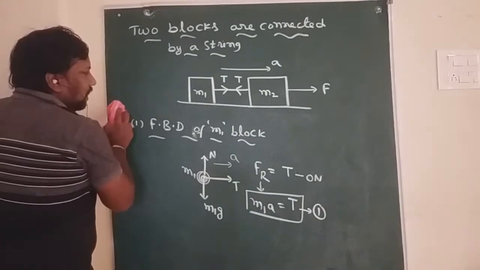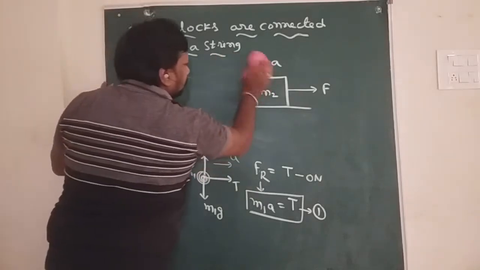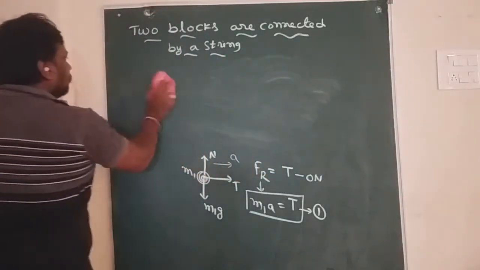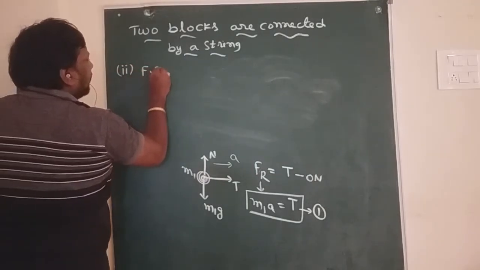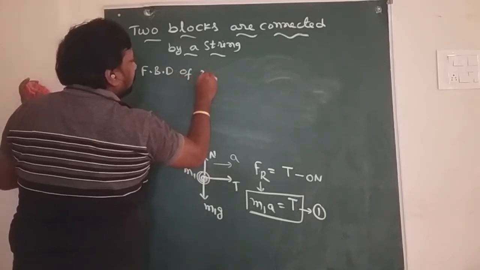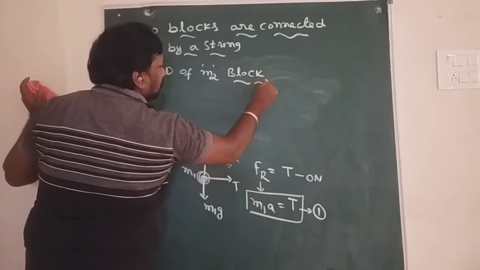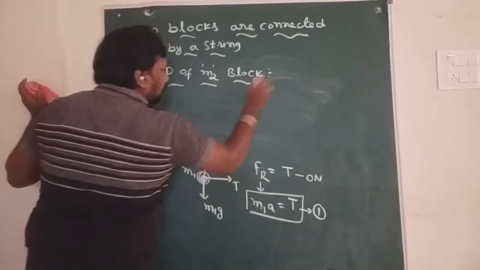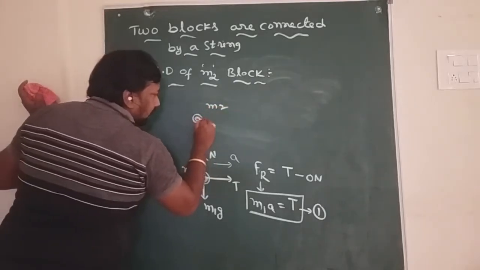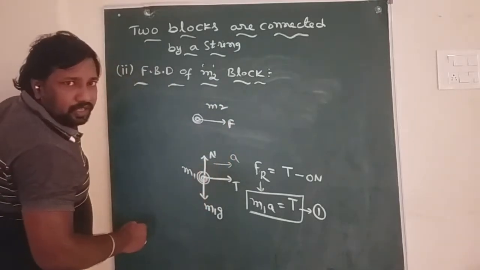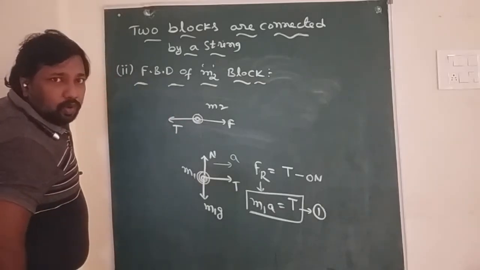Now free body diagram of M2 block. So here this is the M2 block. In the right side there is a pulling force F, and in the left side a tension force is acting on the block.